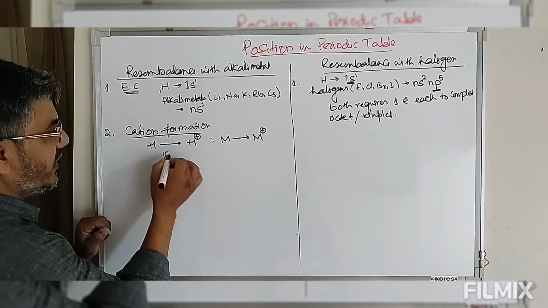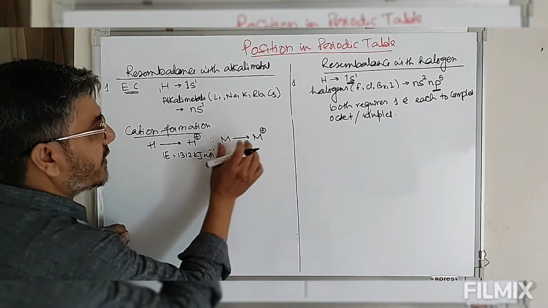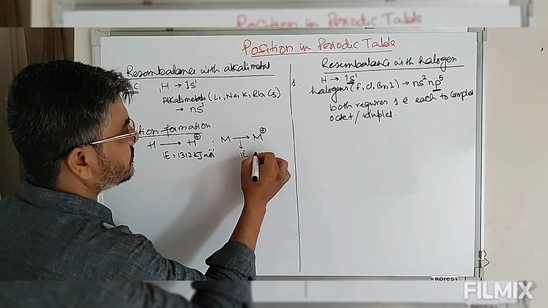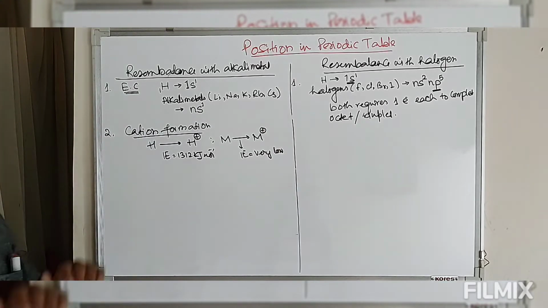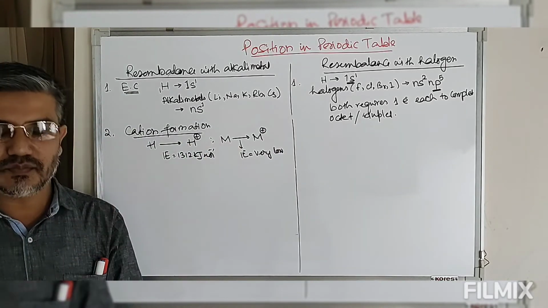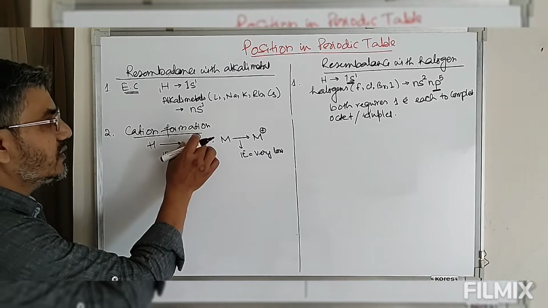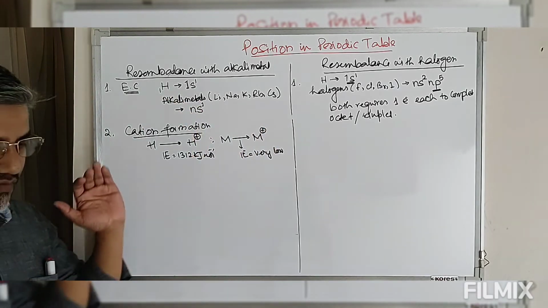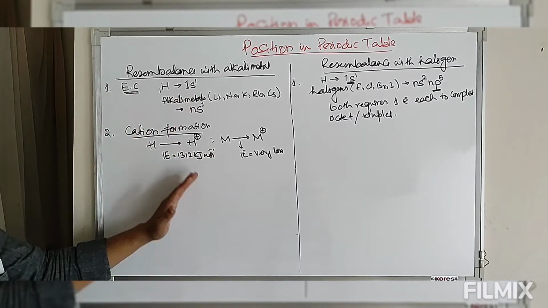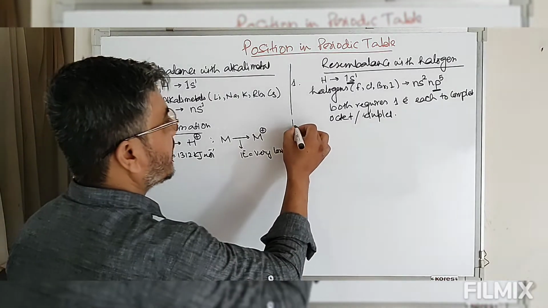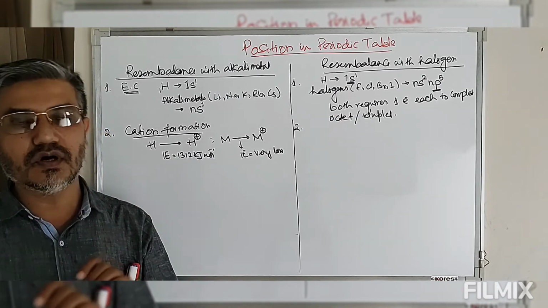Now, the ionization energy of hydrogen is 1312 kilojoule per mole, whereas the ionization energy of the metal is very low. Though there is a large difference in the ionization energy of hydrogen and the metal, due to the presence of one electron in the s orbital, it can ionize to give you a cation. So in terms of formation of this cation, we can say hydrogen shows properties similar to that of alkali metals. On the other side, hydrogen and halogens contain one electron less than duplet or octet.